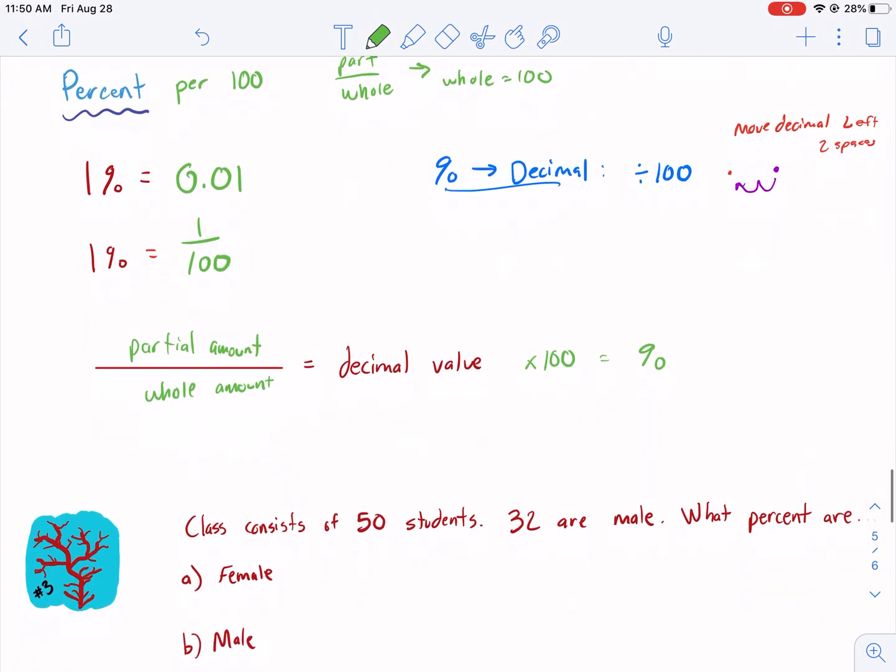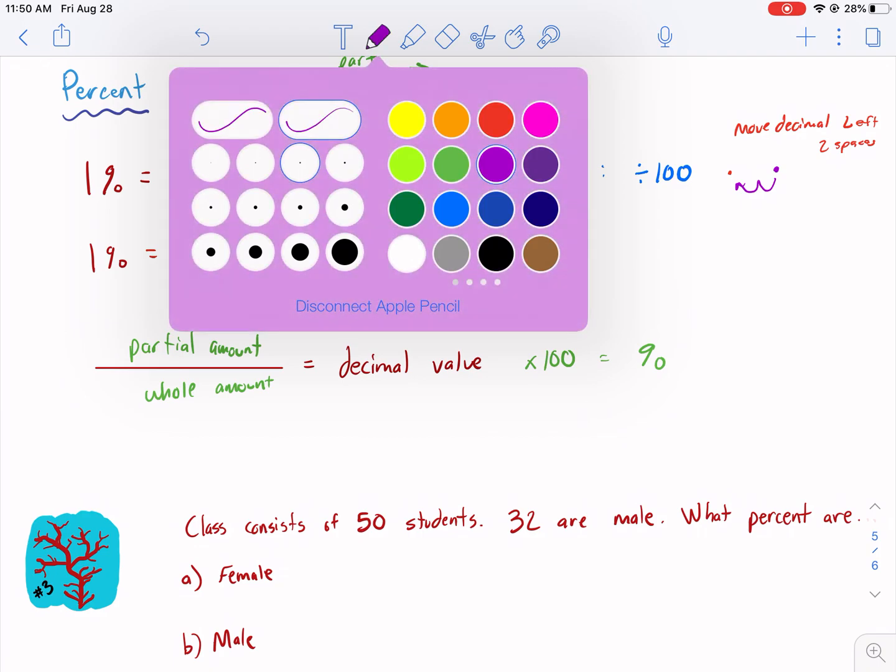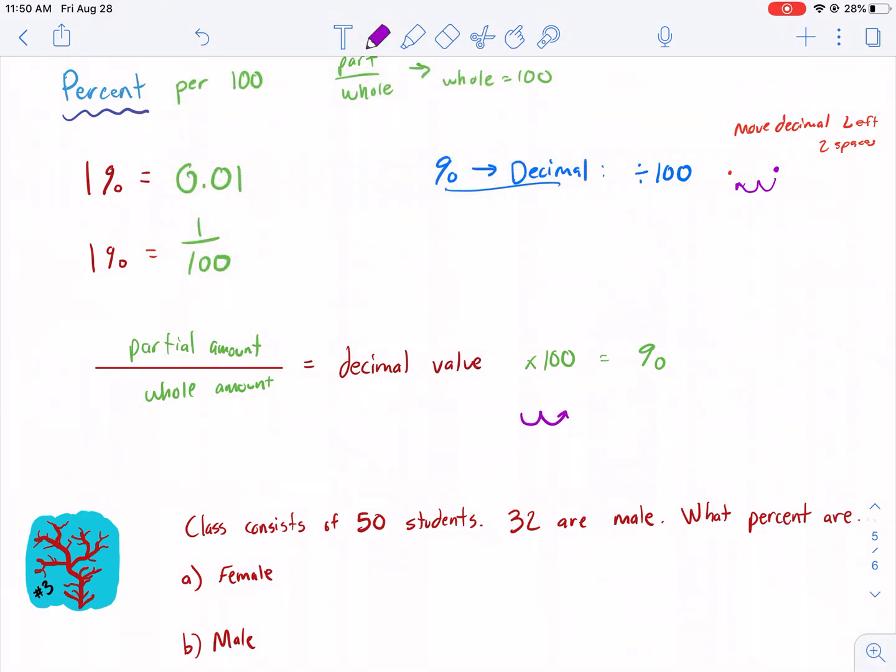Okay, so that's another way of doing it. And then multiplying by 100 is the same thing as moving the decimal place 2 places to the right, so it gets bigger. So this is move decimal right 2 spaces.